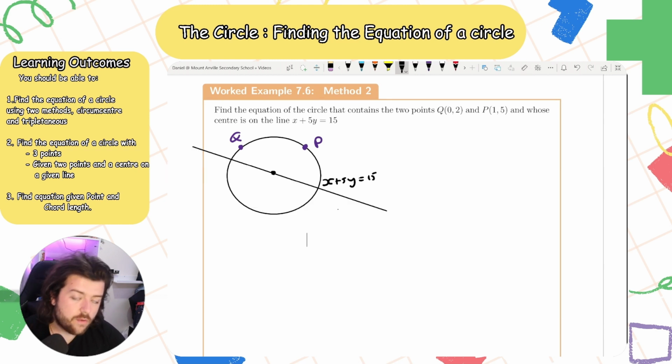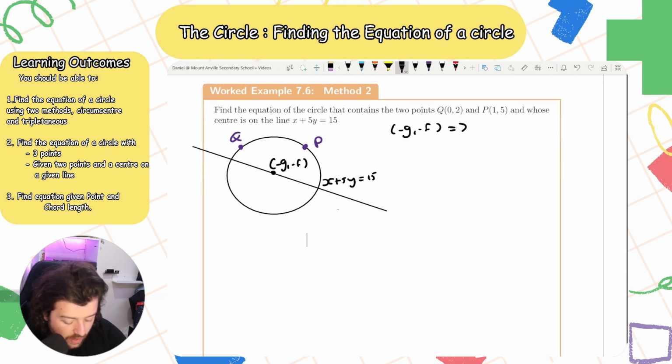So remember, the thing about the center of a circle is my center is equal to minus g, minus f. So let's see if I can make an equation with this point here. Well, I know it's on this line. So I know minus g minus 5f is equal to 15. That's my first equation.